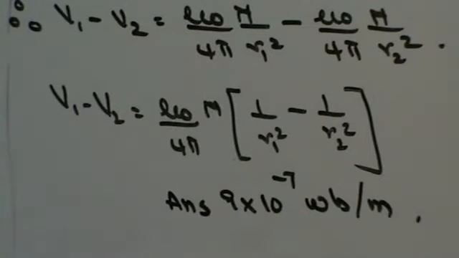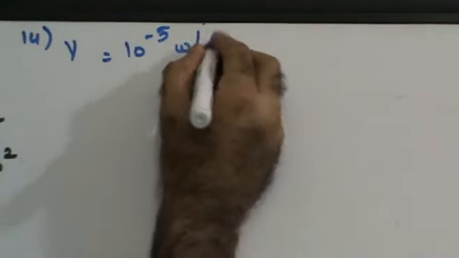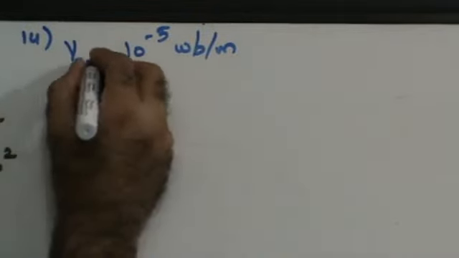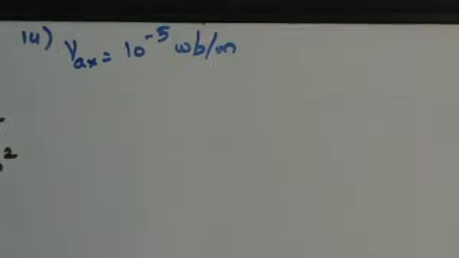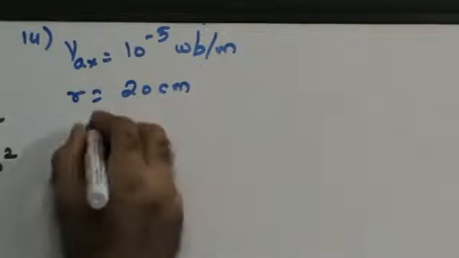Next, take down next one please. The potential due to a short magnetic dipole is 10 raised to minus 5 Webers per meter at an axial point at a distance of 20 centimeters.